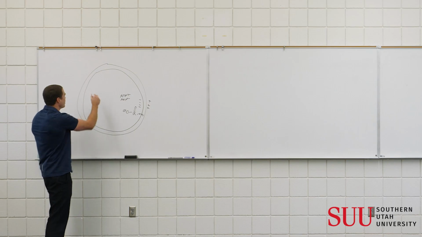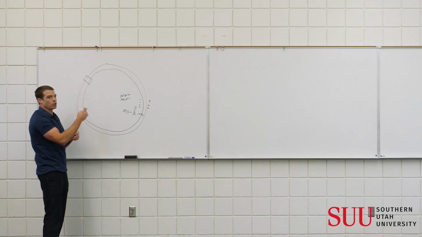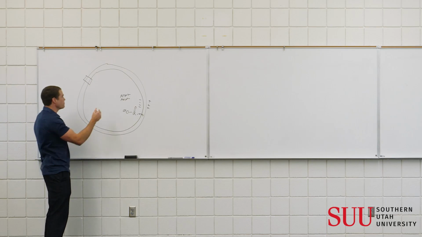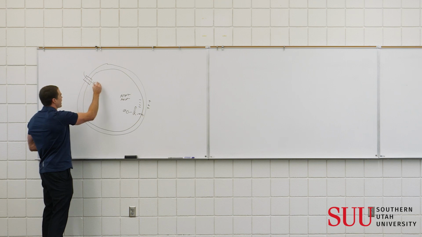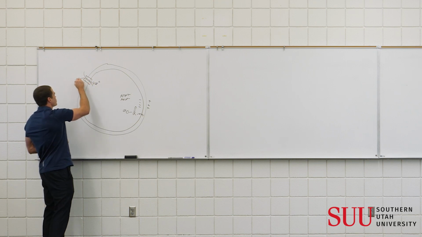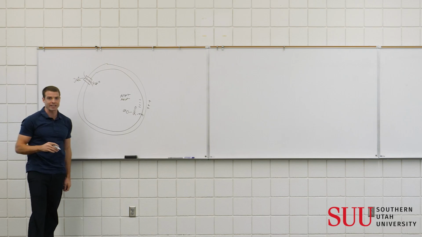But what you have is these very important pumps right here. This is a sodium-potassium ATPase pump. And what it's going to do, it's going to pump ions. It's going to pump two potassium ions inside the cell, and it'll pump out 3 sodium ions. So 3 sodium ions are going out, 2 potassiums are going in.